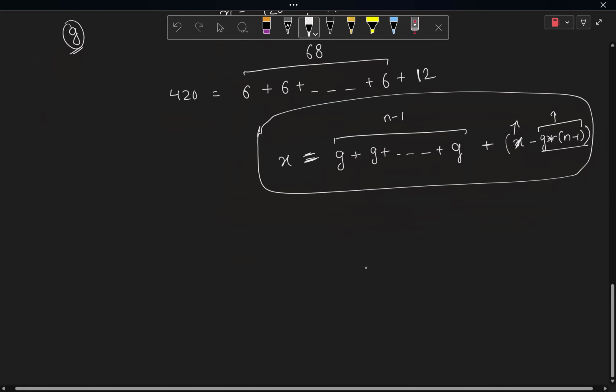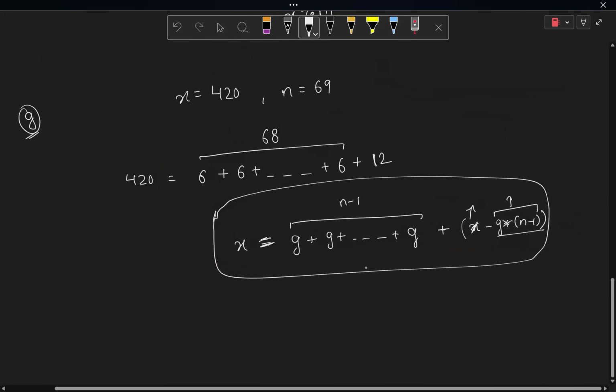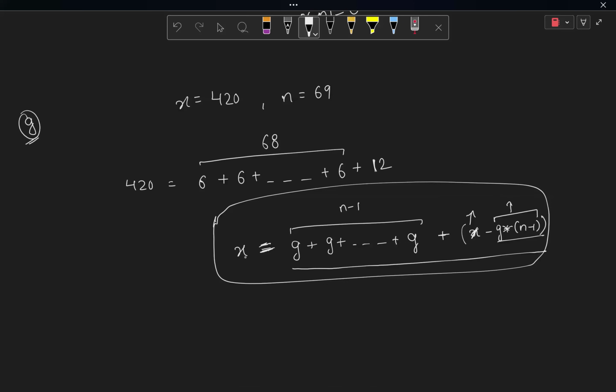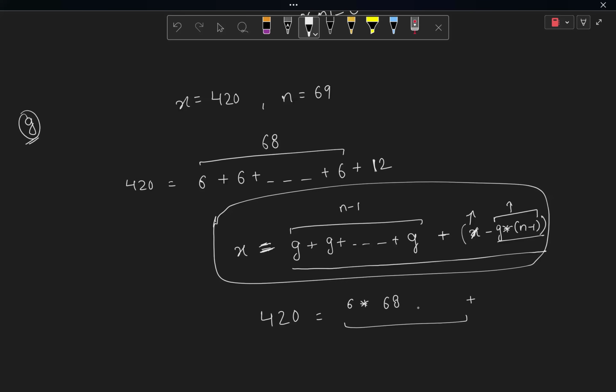I have a doubt. Yeah. Can you explain it again, the last part, x minus g multiplied by n minus 1? I didn't get the g multiplied by n minus 1 part. See, you know that the sum of all these elements should be equal to x. If you have 420 equal to 6 coming up 68 number of times, then what should be the last element?